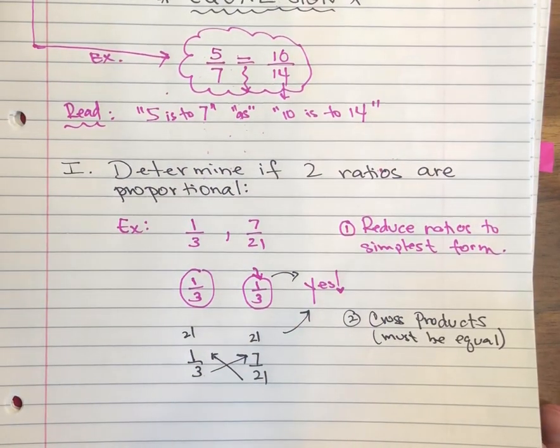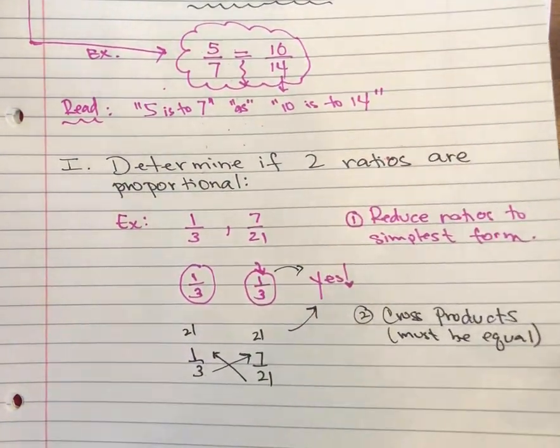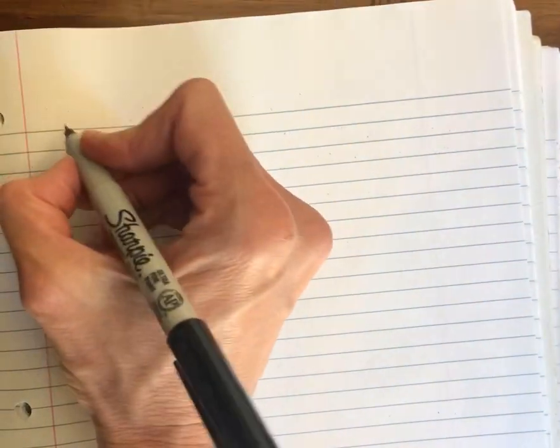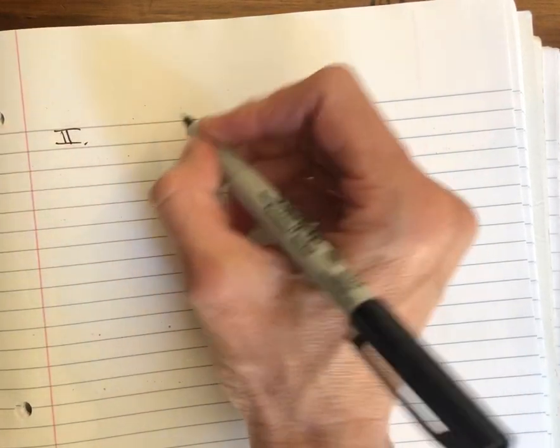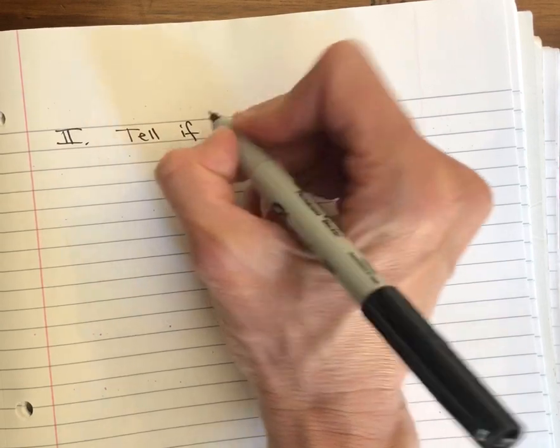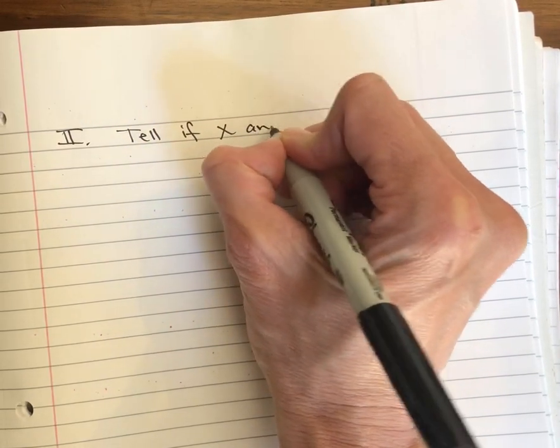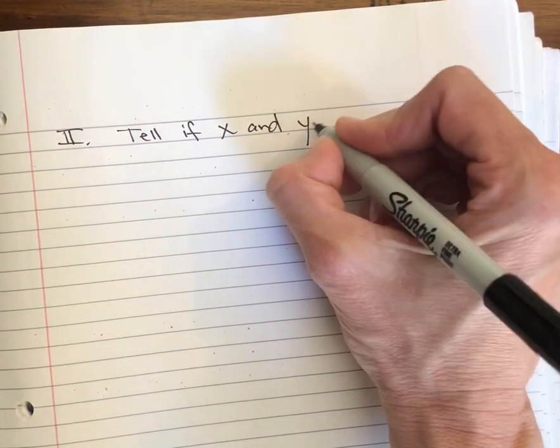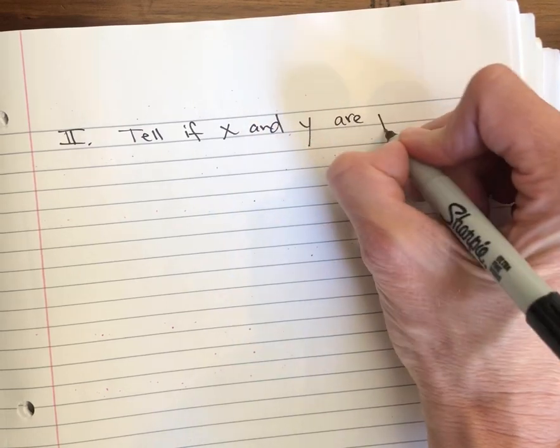Okay, so then let's apply it to something that looks a little more complicated, but I think you're gonna be okay with it. Okay, so you're gonna get directions that look like this. Tell if X and Y are proportional.